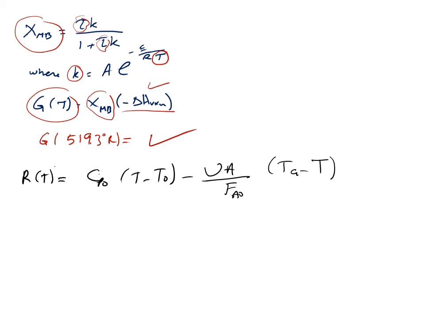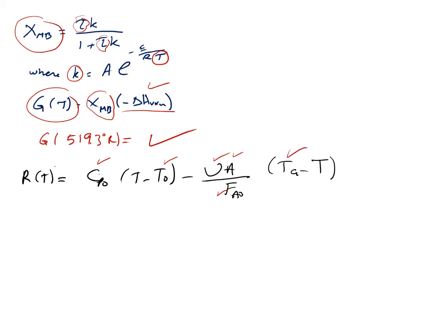So we already showed that equation of Cp naught, so you can calculate Cp naught. T naught is already given. U times A values, this is given, this is given, this is given, and T is also given.